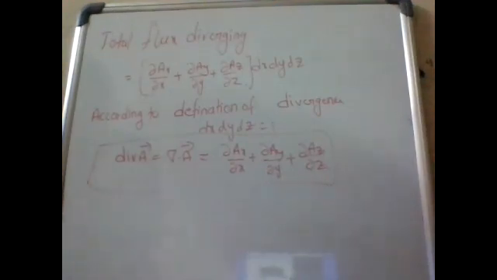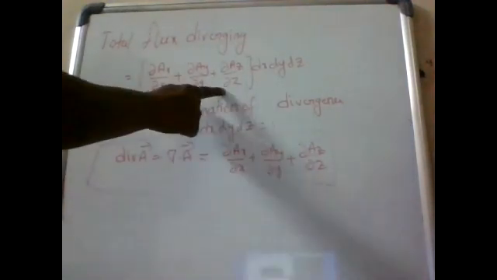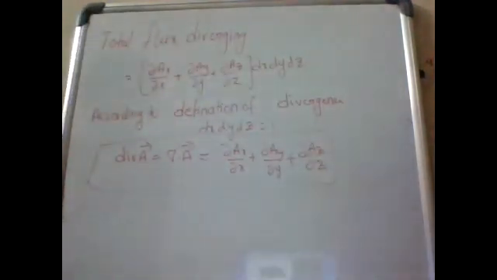After that, similarly, we can write for the y-axis and z-axis. So the y-axis total flux is dou A suffix y by dou y into dx dy dz. Along the z-axis it is dou A suffix z by dou z into dx dy dz. After that, the total flux diverging is equal to dou A suffix x by dou x plus dou A suffix y by dou y plus dou A suffix z by dou z, into dx dy dz.